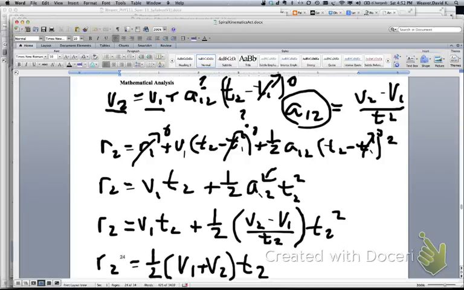So to get T2, I know that it'll be 2R2 over (V1 plus V2).